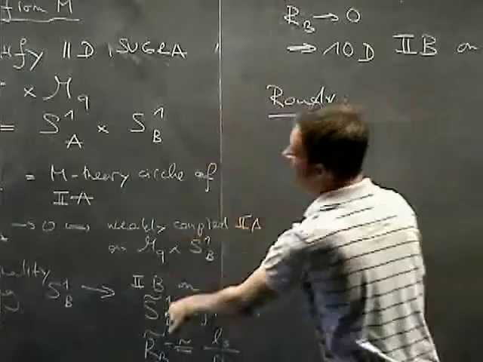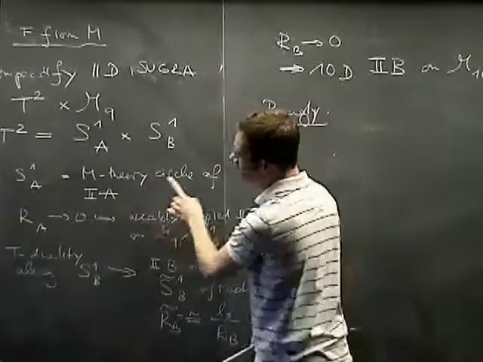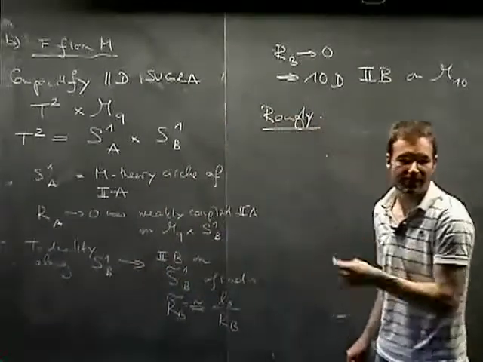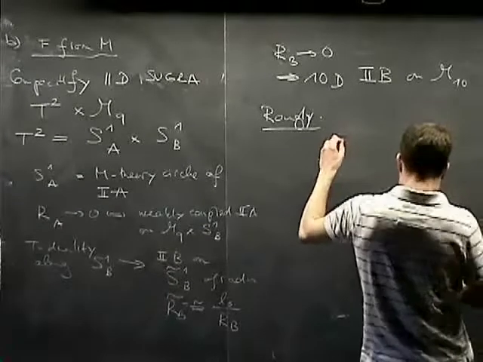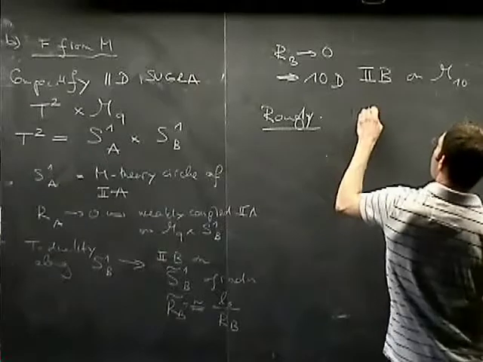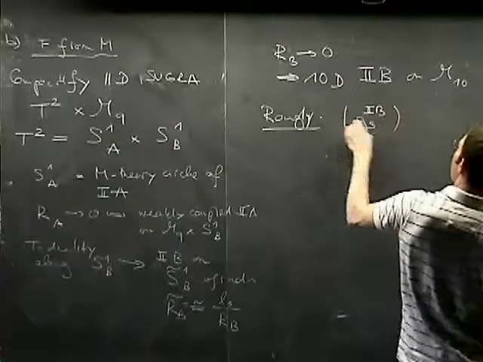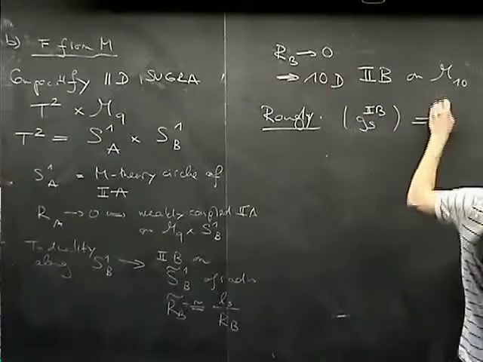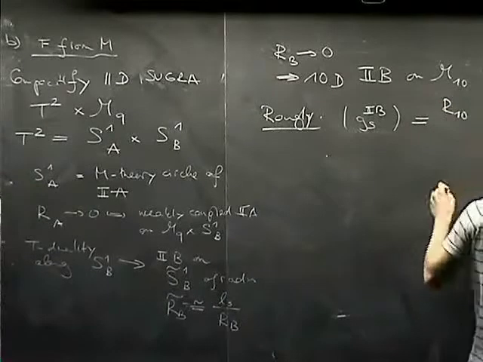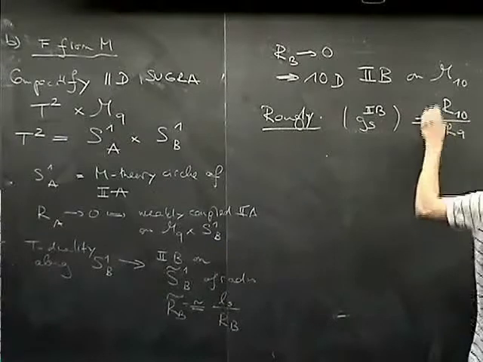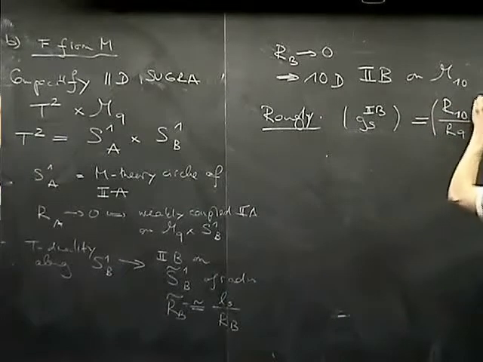Just by following this chain of dualities, by doing this M-theory reduction and by doing the type 2b reduction using the Buscher rules, very roughly we get that the type 2b gS, in the Einstein frame, sorry, goes like R10 over R9 in the M-theory.